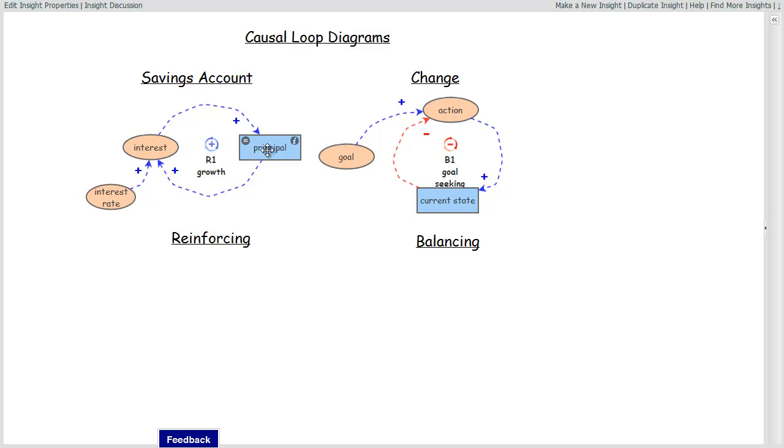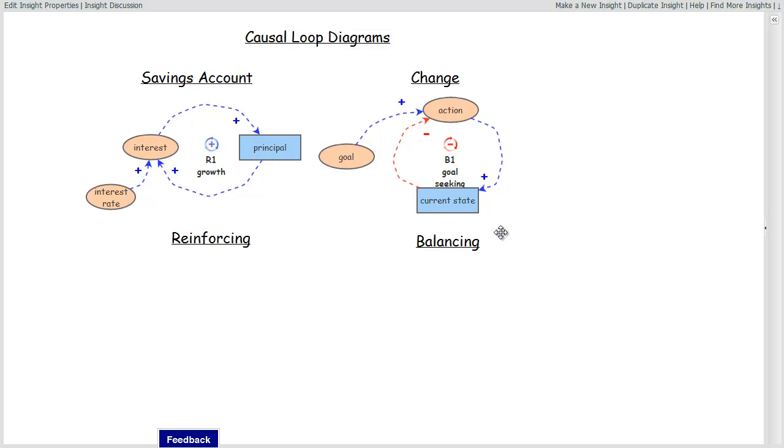So the amount of money in the account interacts with interest to create interest, and the interest adds to the principal to create more money in the savings account. The next time around, that larger amount interacts with interest to create interest and then adds to the principal.